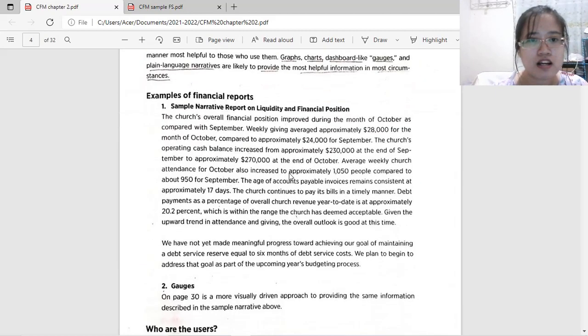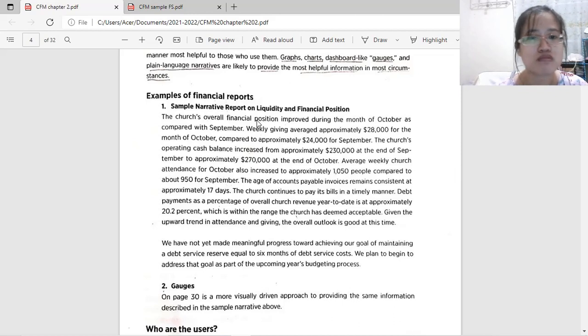Okay. Examples of financial reports: narrative on the liquidity and financial position. So again, liquidity is the availability of cash for the operations or the ability of the organization to convert their non-cash assets into cash because, for the most part, you need the cash to pay off your loans, to pay your utilities, to buy the necessities.